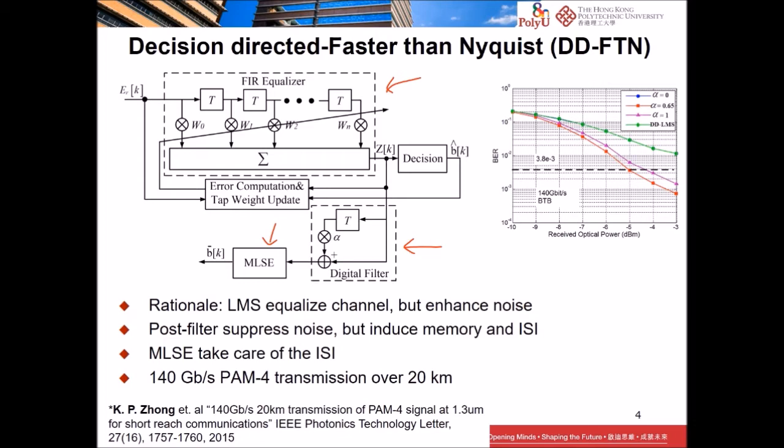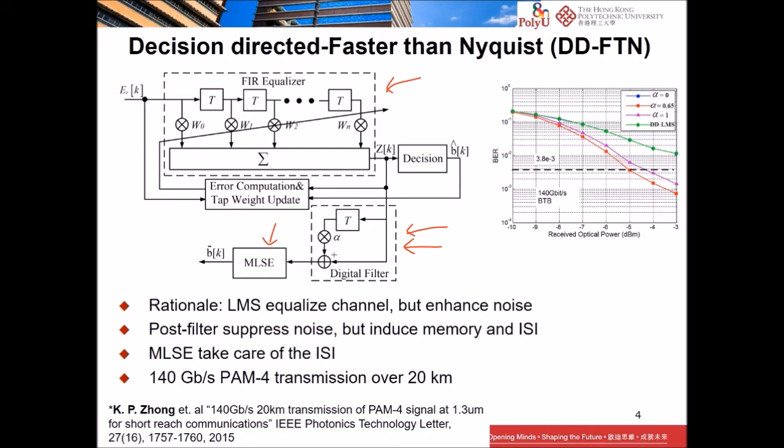Therefore, to mitigate the amount of noise enhanced based on the FFE architecture, we have built this post filter that has a low pass effect on the equalized symbol. So it's like doing the opposite. In that case, this post filter does suppress some of the enhanced noise, but at the same time, it also suppresses some of the signal component at high frequency.